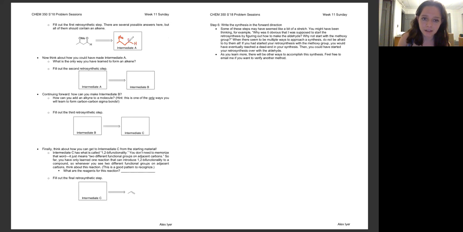Something like this, right? So my ozonolysis, my double bond scissors comes in here and gives me an aldehyde. All right. So now we need to make an alkene. So we only know one way to form an alkene, right? And that is through reducing an alkyne. And I'll go ahead and write my reagents in too.